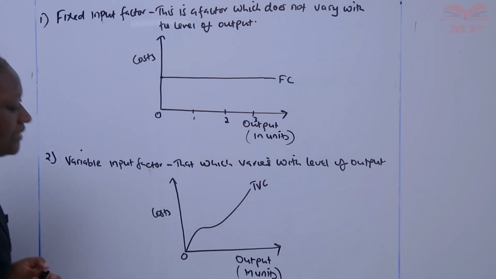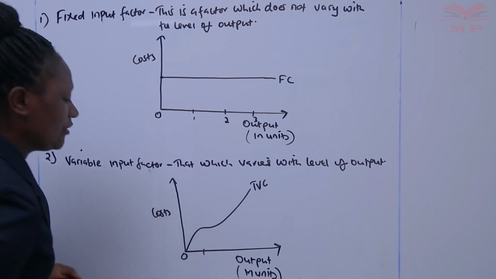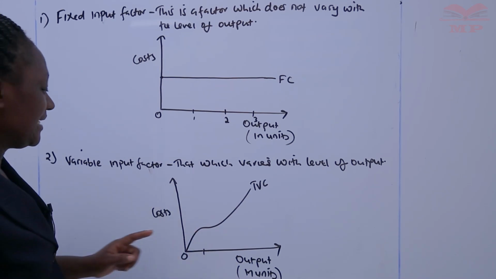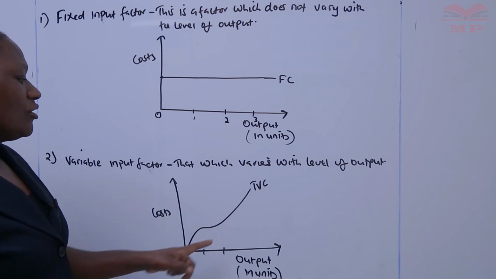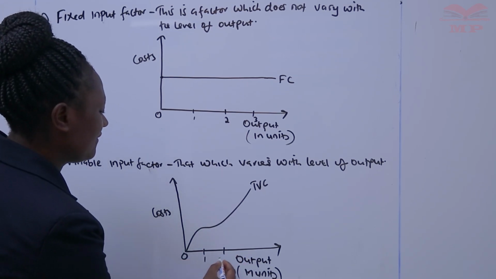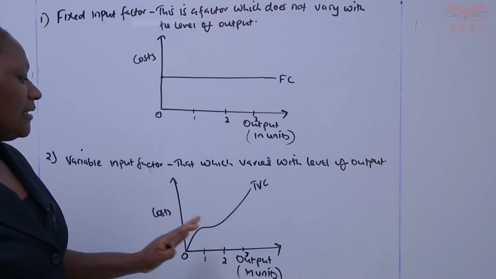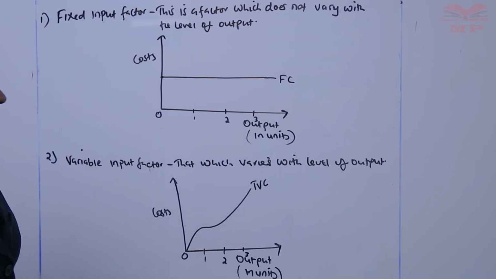We are beginning with zero output. At the time I produce 1 unit, the cost will not be the same. It is rising. The time I increase my production, the cost is also increasing and so on. So if this is 1, this is 2, 3, and so on, the time you increase, it will also increase, and that's how it continues.